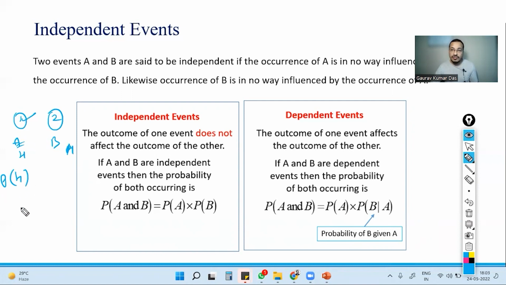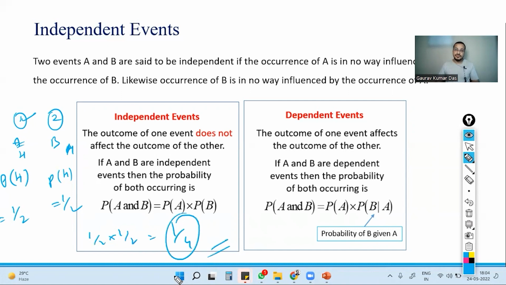The probability of head in experiment 1 is 1/2, and the probability of head in experiment 2 is again 1/2. The question was, what's the probability of both heads coming up? That probability will be half times half, which is 1/4. So that is what independent events is all about.